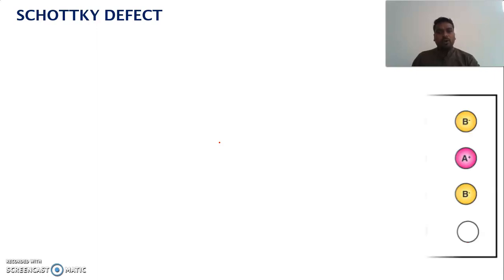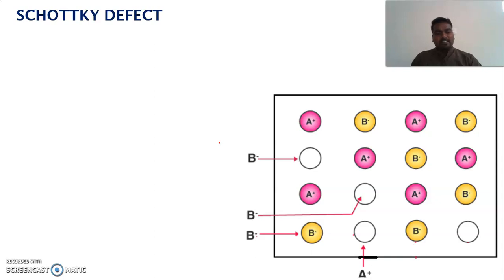Next, Schottky defect. This is the third type of stoichiometric defect. Let us consider this crystalline lattice. You observe here, this crystalline lattice of a crystal which is made of constituents A plus cation, B minus anion.